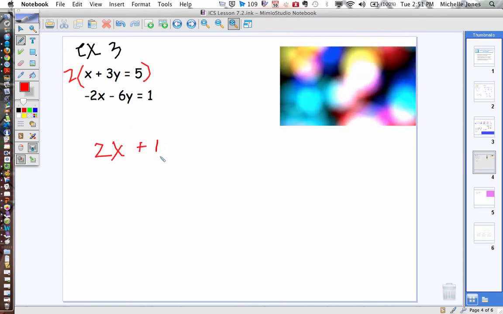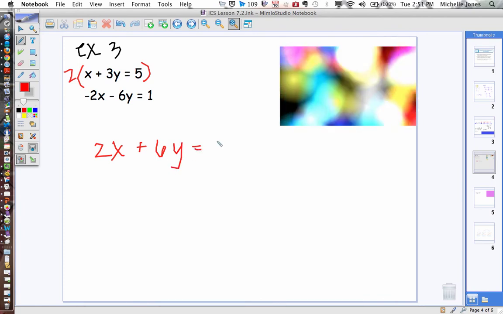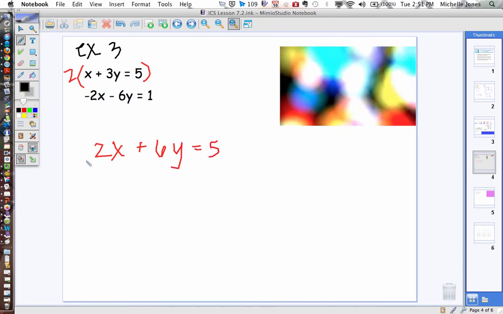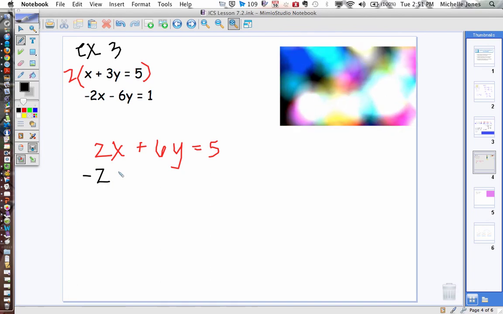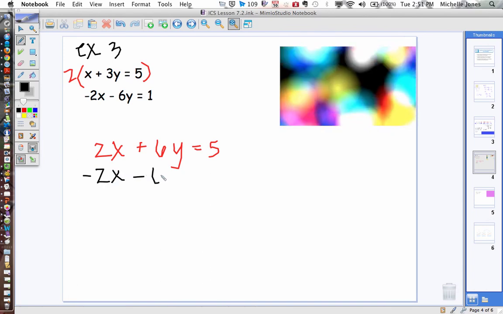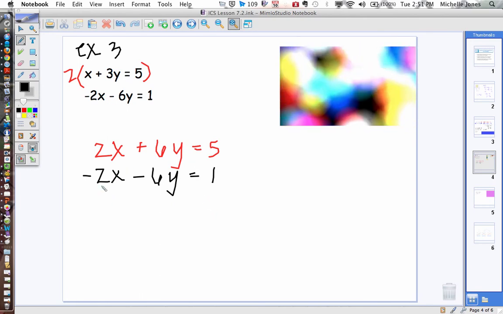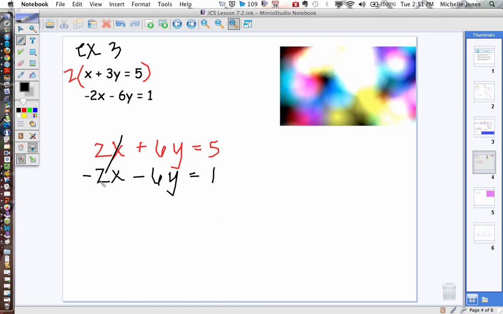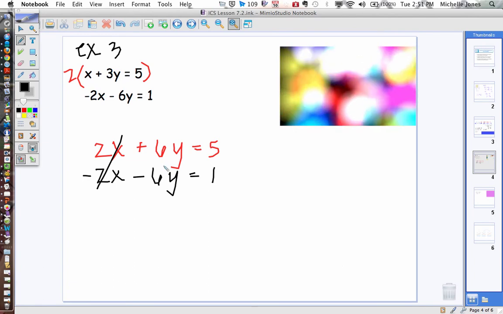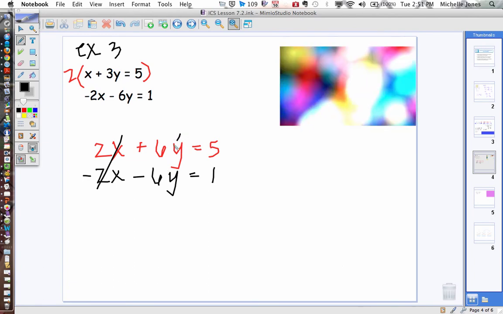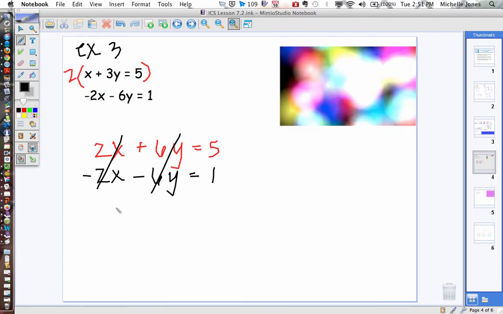So you get 2x plus 6y equals 10 for that first equation. Your second equation, you get negative 2x minus 6y equals 1. We haven't changed it at all. I'm just rewriting it. But look, your 2x's cancel out, and so do your 6y's.